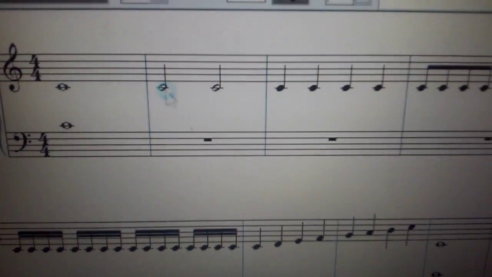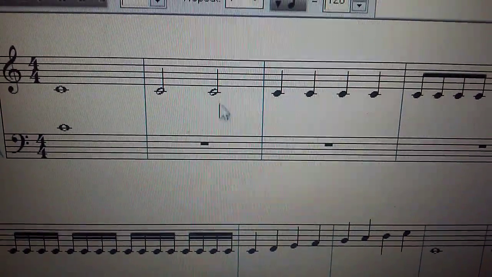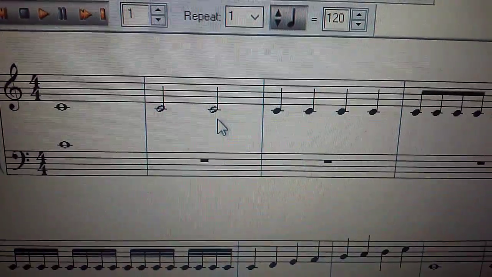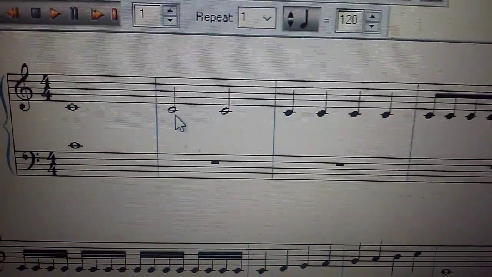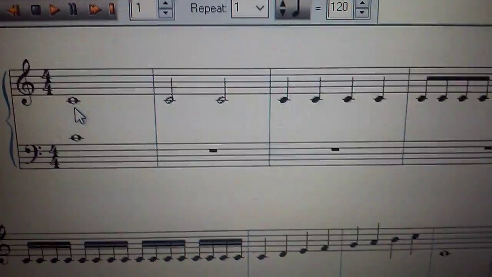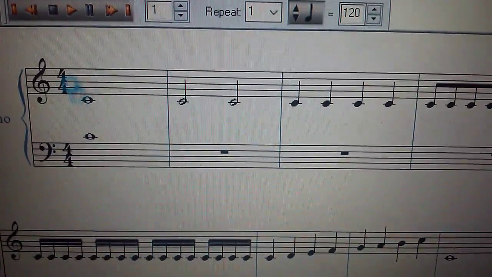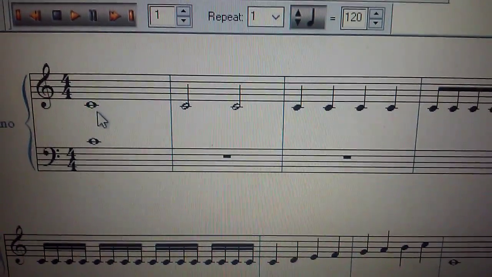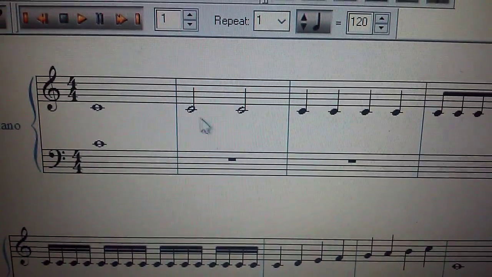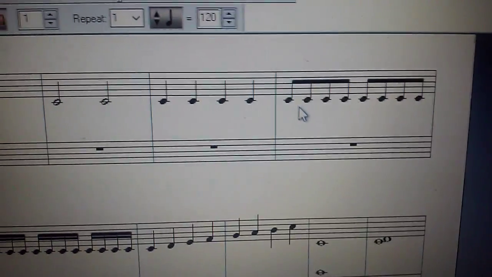If this were 4/2, then there would have to be 4 half notes to equal one measure. You may have guessed it, but this would be a 1. So for 4/1, you would need 4 whole notes. So whole note, half note, quarter note, and eighth note.